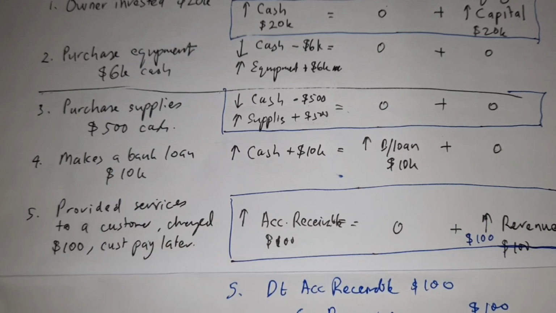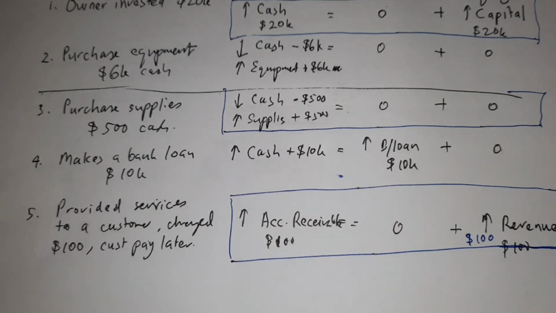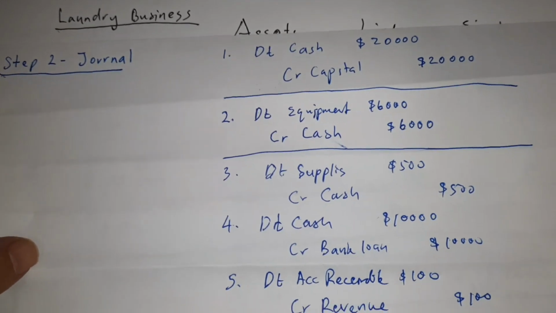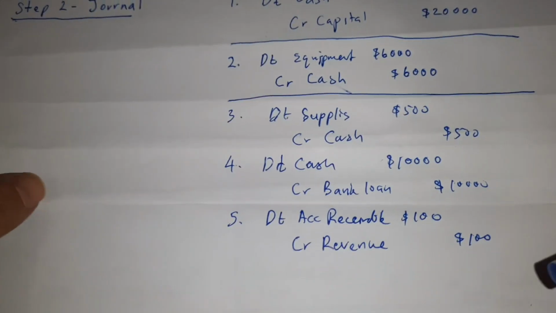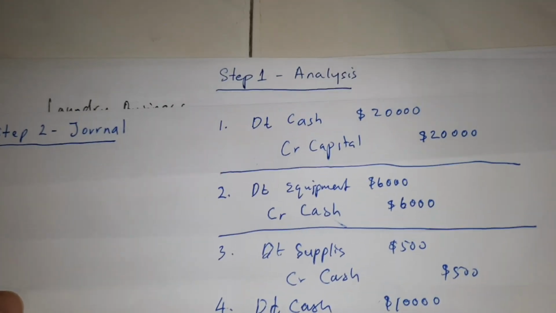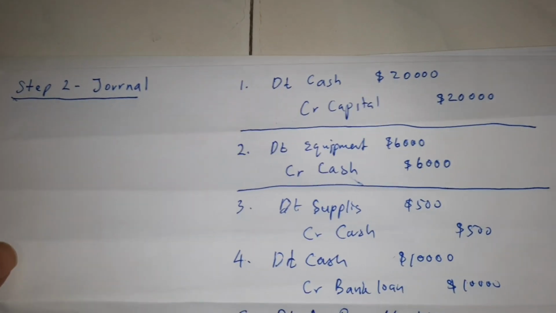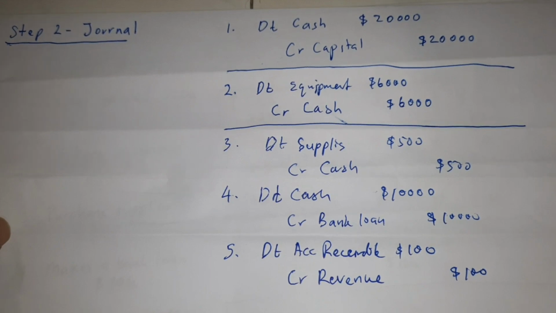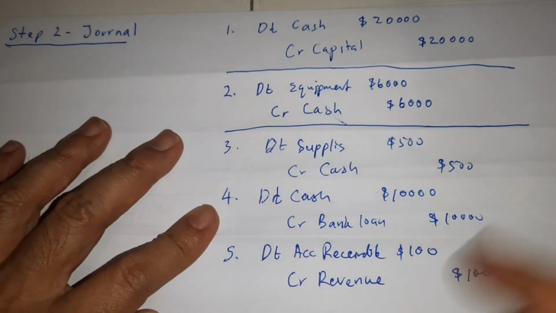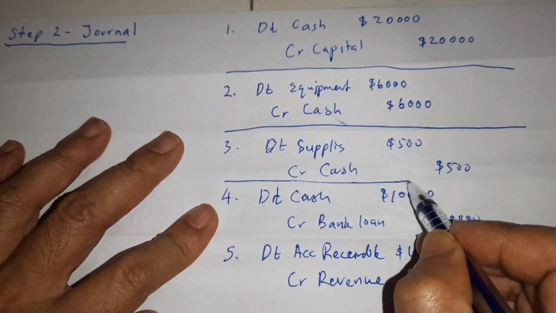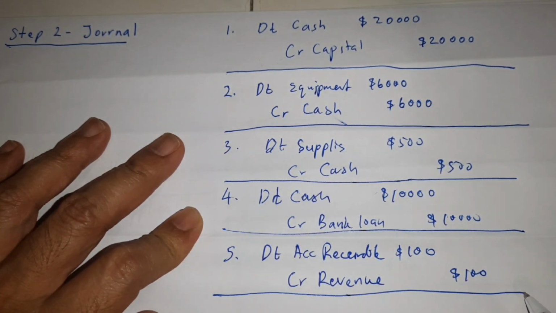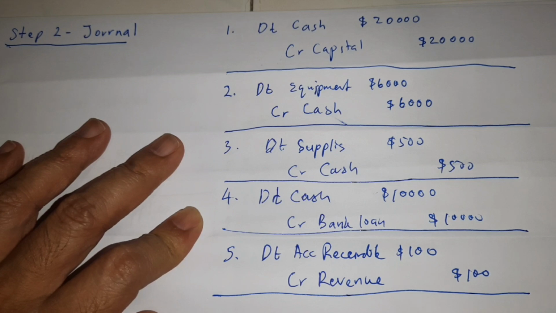Okay, now you have recorded all the transactions in the general journal. See here. So step 2. Now you have done step 2. You have recorded all the transactions in the general journal. Not very difficult.